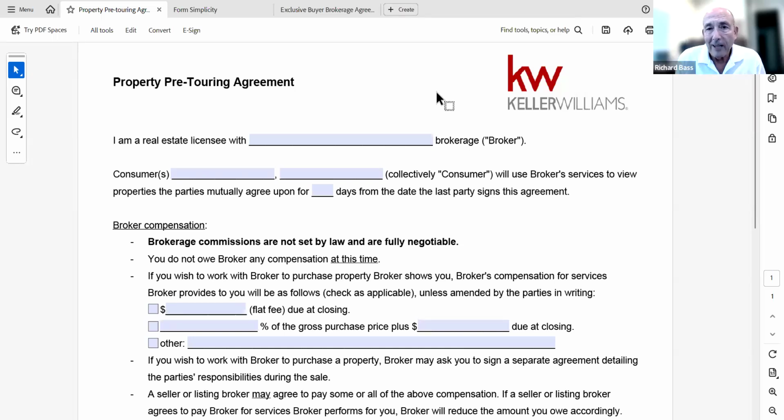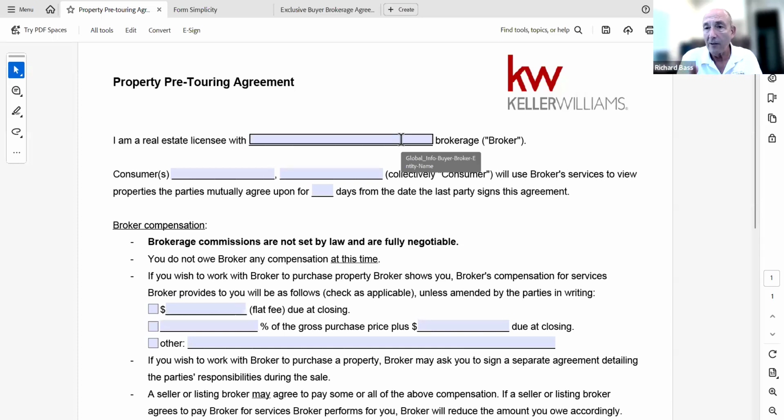Kind of look at it: this is what you're using with somebody when you're going out on a first date with them. You say, let me tell you a little bit about myself. As you can see here, it says, I am a real estate licensee with, and it's the name of your office: Keller Williams Elite Properties, Keller Williams Realty Professionals, Keller Williams Realty Consultants.